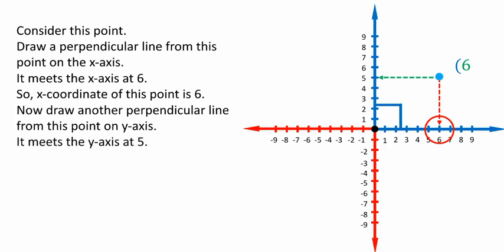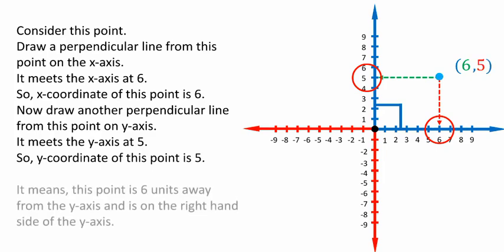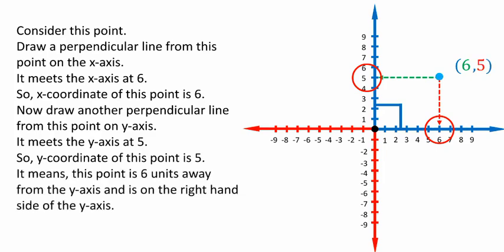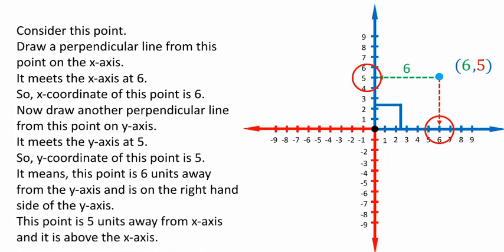It meets the y-axis at 5. So the y-coordinate of this point is 5. It means this point is 6 units away from the y-axis and is on the right hand side of the y-axis. This point is 5 units away from the x-axis and it is above the x-axis.